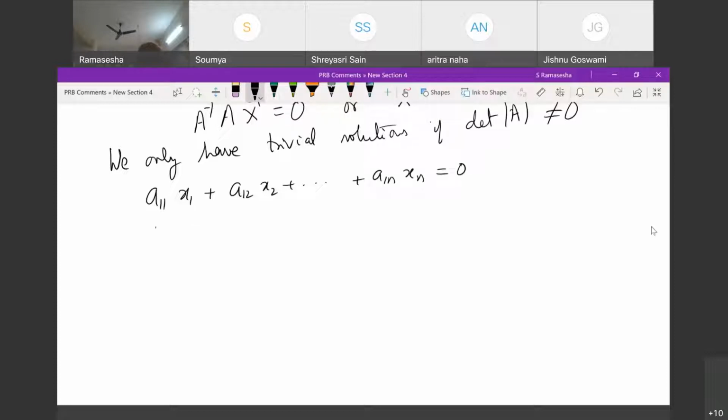This is one equation. The second equation is A21x1 plus A22x2 plus A2nxn equal to 0. Like that, I have m equations, so the number of equations is in general not equal to the number of unknowns.